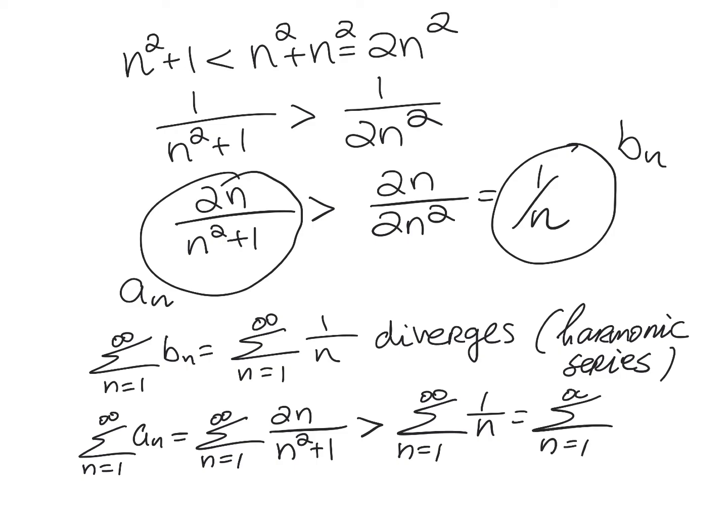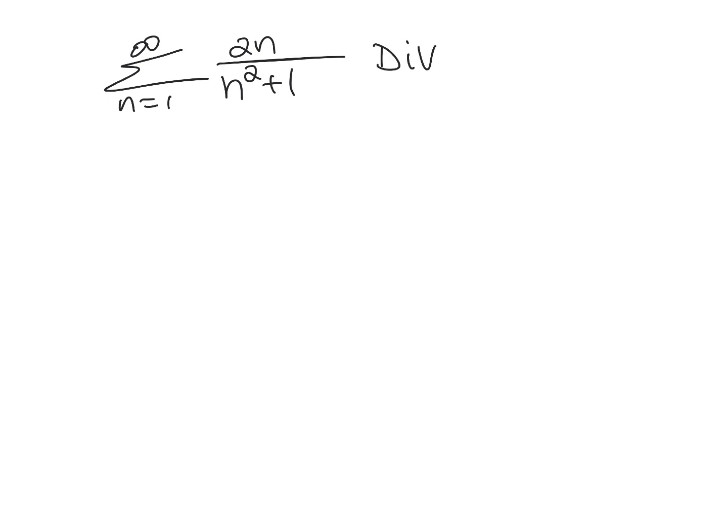And the right-hand side of this inequality is infinity because the series 1 over n diverges. And because of that, and citing the comparison test, we can now conclude that the series summation n equals 1 to infinity of 2n over n squared plus 1 diverges by the comparison test.